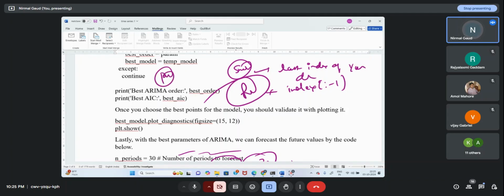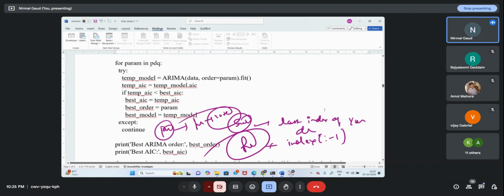For example, if the question is given to you, predict the future 10 values, future 10 trends. You have got the last index by minus 1. The next 10 predictions will be from this index, add 10.